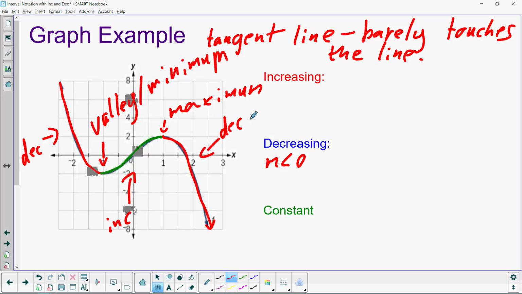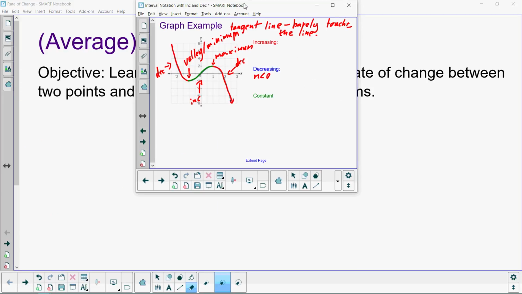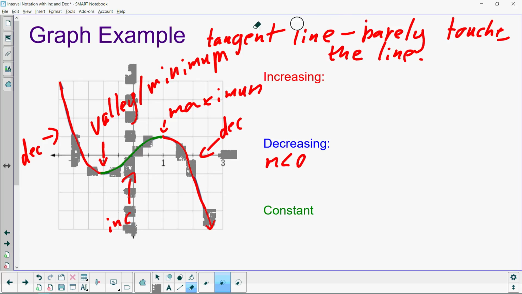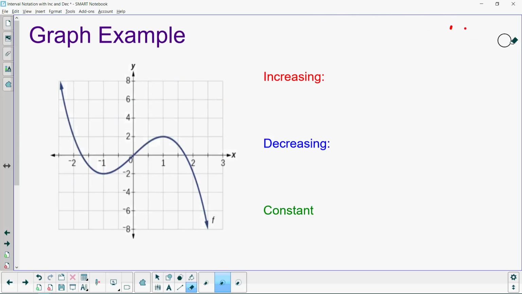Okay, so now we need to write these in interval notation. I'm going to go ahead and clean this up a little bit so it's easier for us to read. Whoops, that's not what I meant to do. There we go. Okay. All right, so let's just look at the decreasing sections. We have here, and we have here.